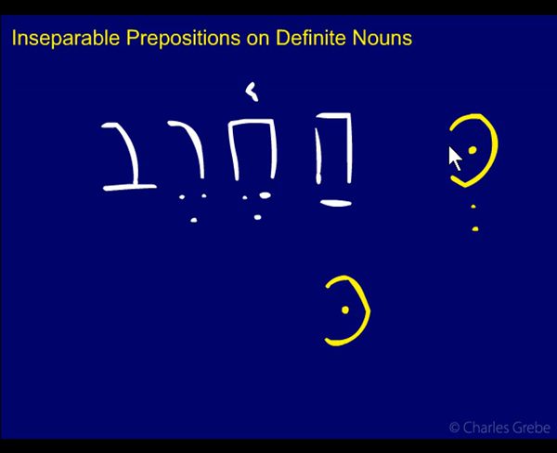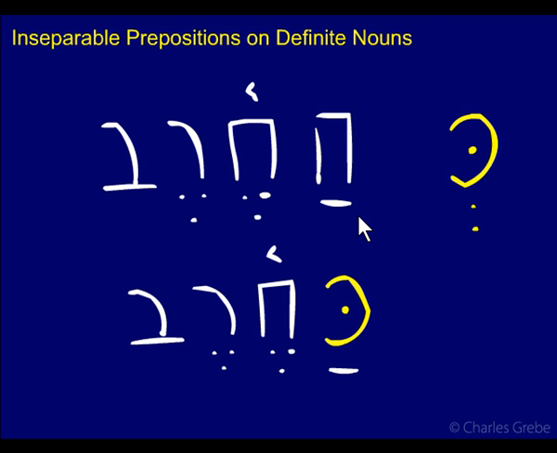All we do is replace the consonant. And again, let's change our colors back to emphasize that nothing else is changing. This stays the same, and we have our implied doubling. No dagesh there because it's implied doubling. Hacherev becomes kacherev. So in short, the rules are the same. Don't change anything except for the consonants when you add b, l, or k to a noun that has a definite article.